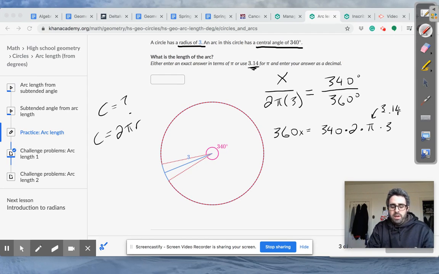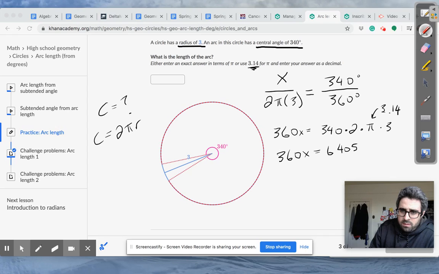I can't do this in my head, so I'm going to get my calculator out. So 340 times 2 times 3.14 times 3 gives me 6,405.6. Finally, I divide by 360. And this will give me my arc length.